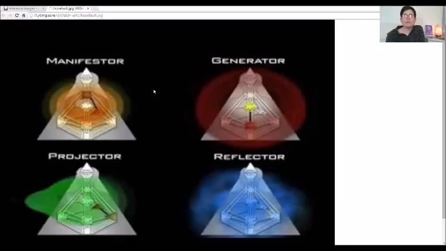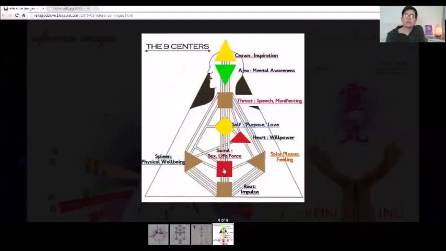Now, there is a subtype of generator that has the sacral connected somehow, usually this direction over here through the spleen, to the throat. That's a subtype of generator, which is able to do manifesting after it has checked its sacral response. Thus, they are called a manifesting generator.